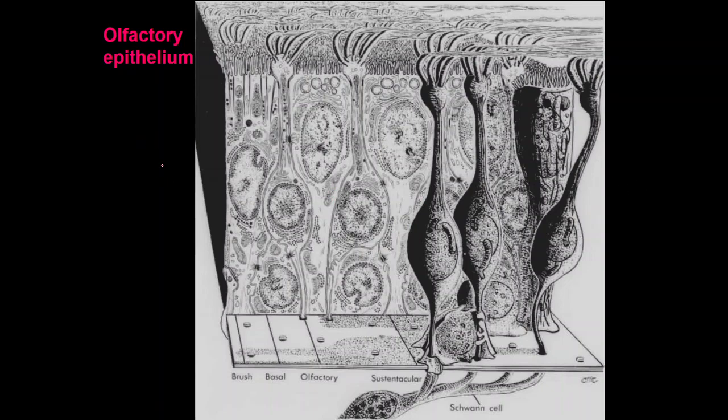they have the thick body inside because they contain a nucleus inside, of course, and then the dendrite is going to the periphery of this epithelium on the outer surface here, and this dendrite will create this white structure like the olfactory tip here, which contains cilia.